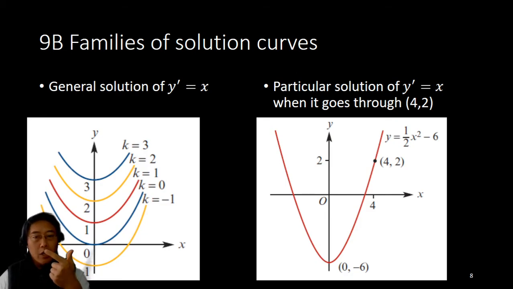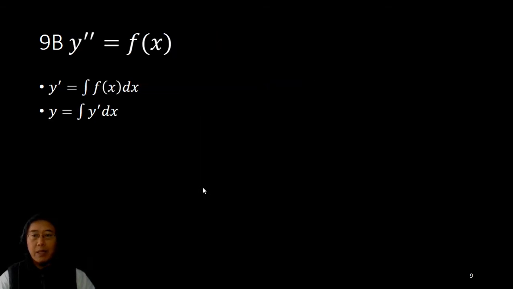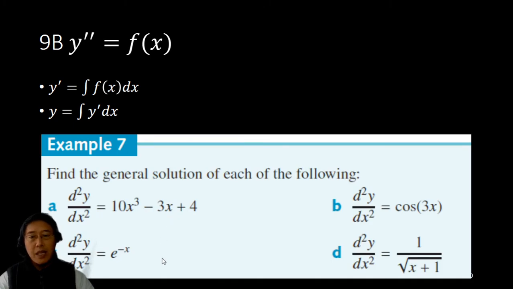So you have two constants, two unknowns. You will need two conditions to be able to find the unique solution for that particular equation, which is what we have here. So you will have to anti-differentiate twice to get the y function. And we'll look at example 7.